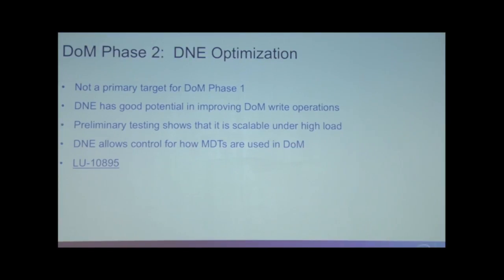They were all using NVMe storage, and it was likely that one MDT was able to handle all the incoming requests. So adding more MDTs, obviously, in that case, didn't give us a valid test. We have seen good potential for scaling when the servers are under high load with more localized testing. So fleshing that out in phase 2 is a primary goal. And you can see the LU ticket here if you choose to follow along with this work.